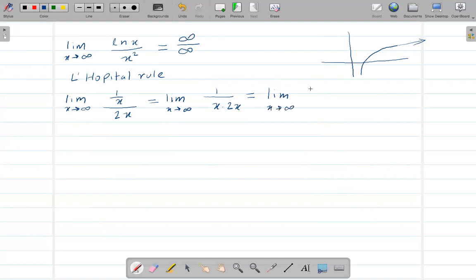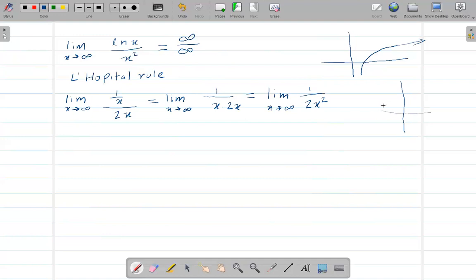So you still need to consider this limit part, right? So 2x squared. All right, so now when x goes to infinity, what is the limit of 1 over 2x squared? Here we have x squared, so this will be similar to 1 over x squared. This 2 will not make any difference. So again, we need to consider x squared.